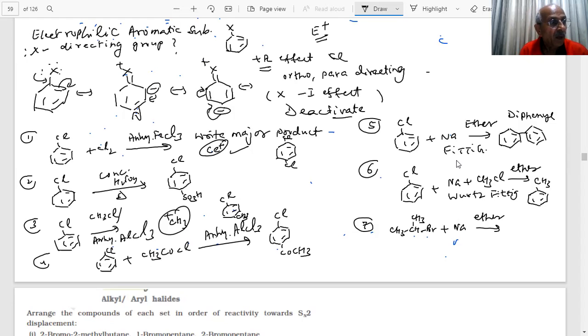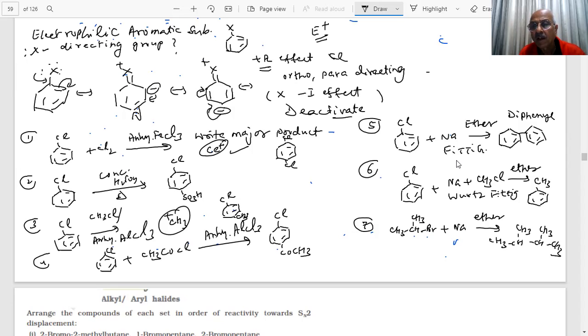It will be CH3 CH CH3 CH CH3 CH3. It will be 1 2 3 4. The product will be 2,3-dimethylbutane plus 2 NaBr.